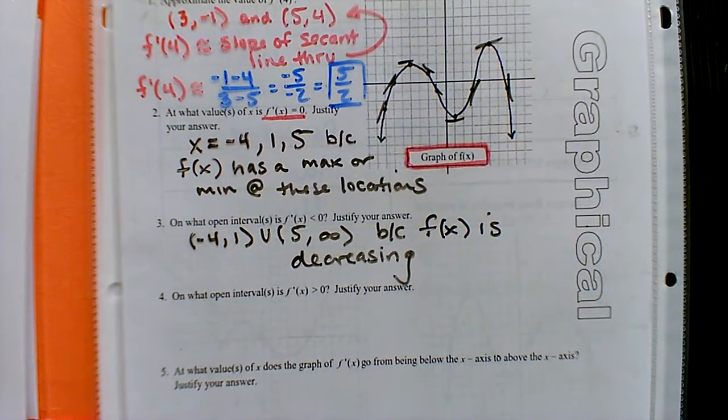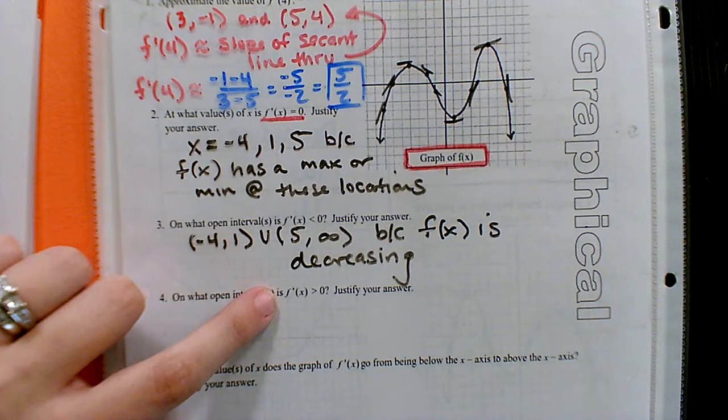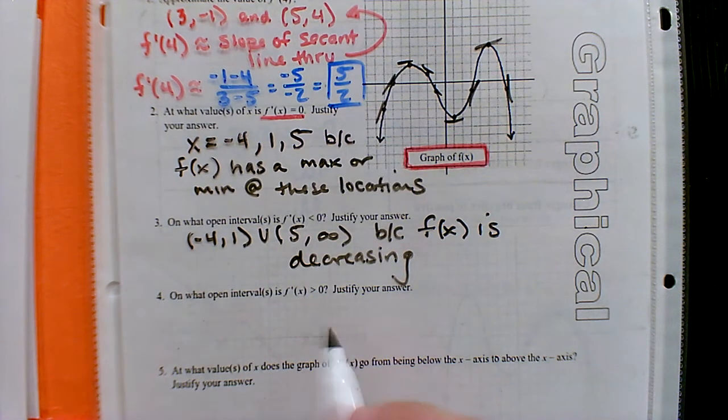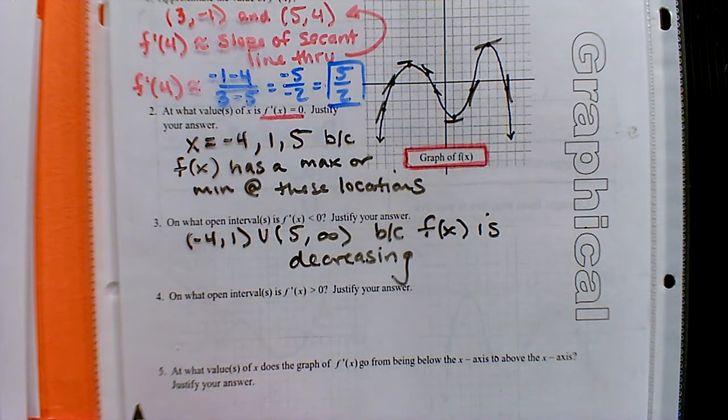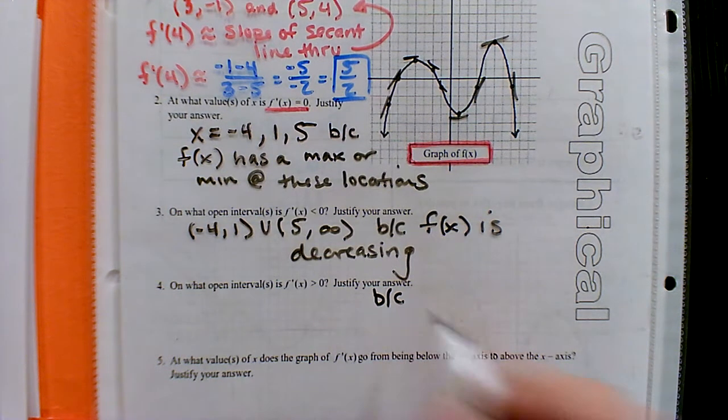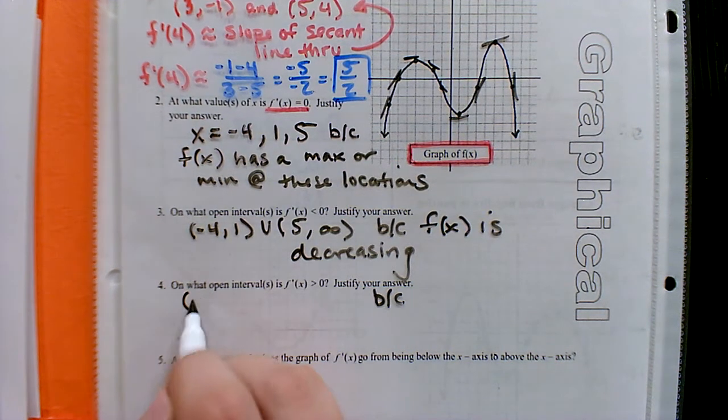Okay, let's switch it up. On which intervals is the slope positive? So all those tangent lines, where do they have positive slopes? Can we give some intervals? Let's see, I'll do the first one.